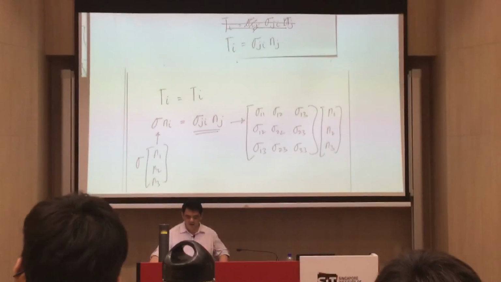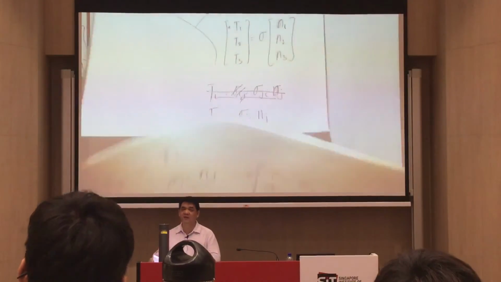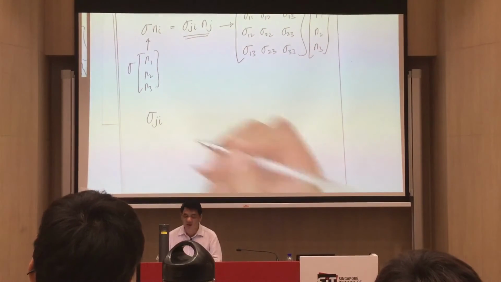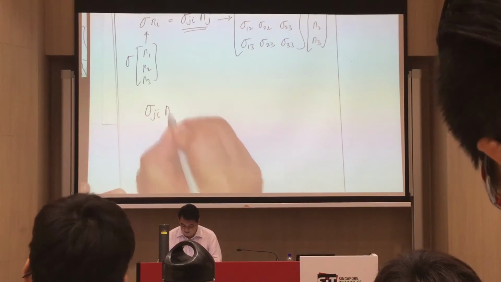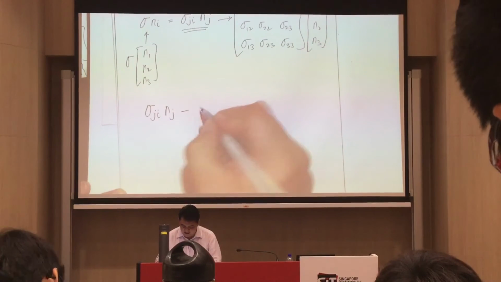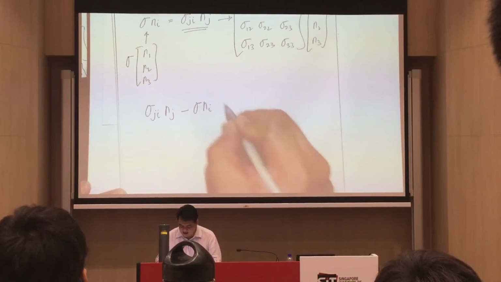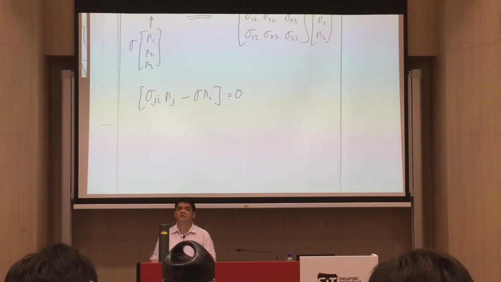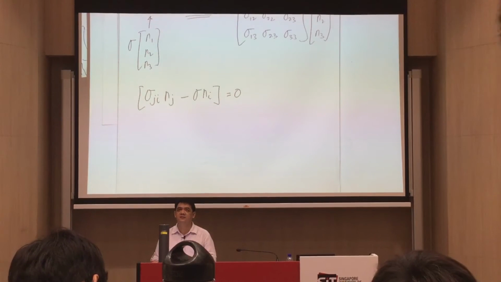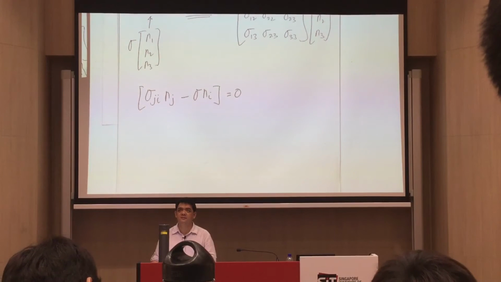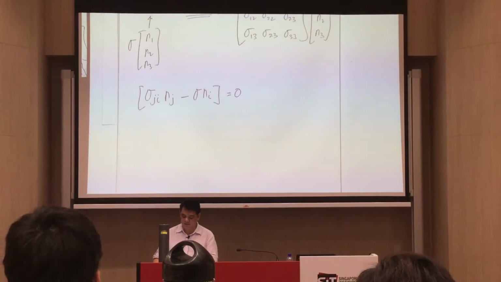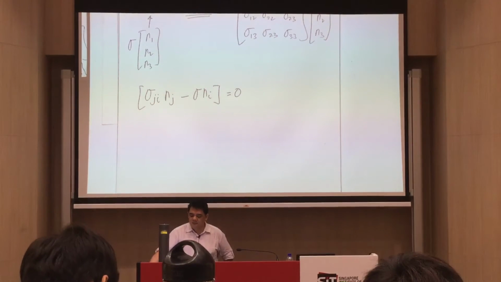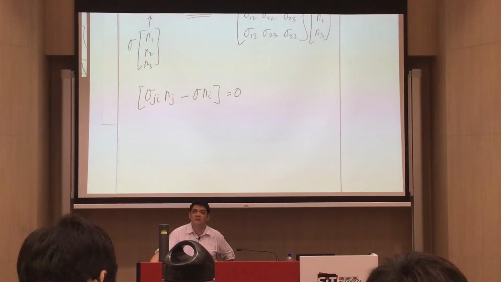So I have now here sigma ji multiplied by nj minus sigma ni, that is equal to 0. Right?